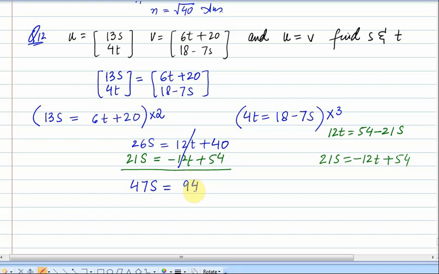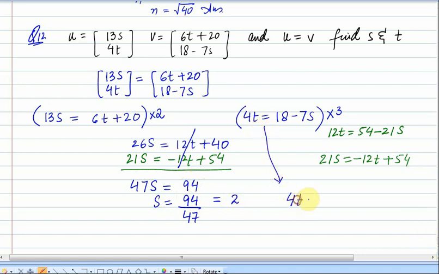Right? So you can find out the value of s. It will be 94 divided by 47, which gives you the value of 2. Right? Now we can find out the value of t easily. I'm using this equation.